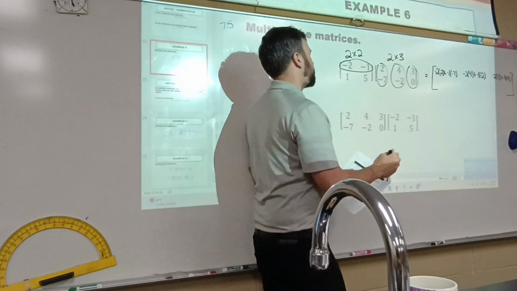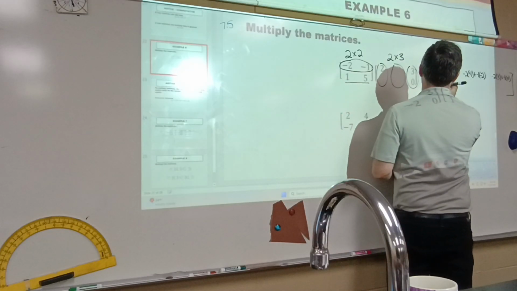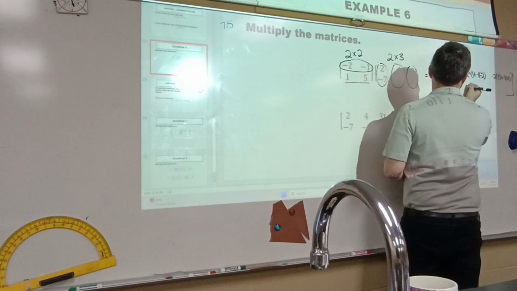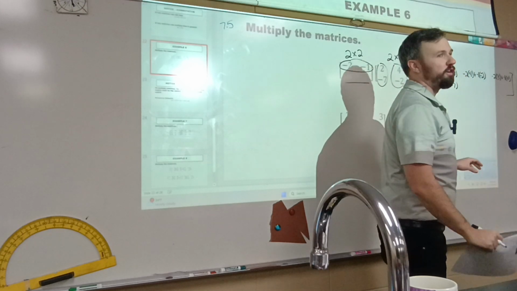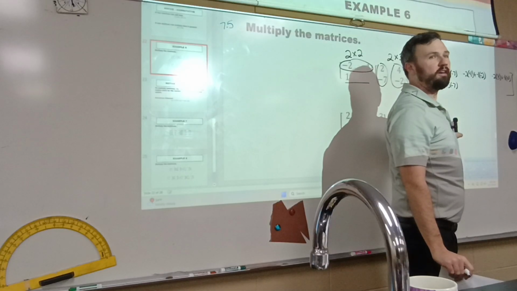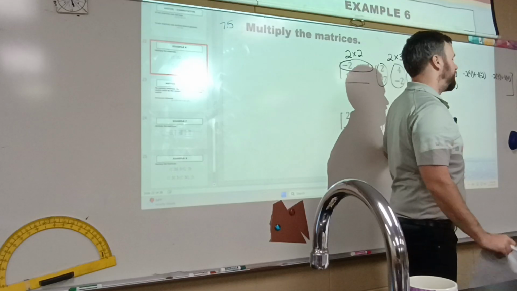No, they don't. Because I'm going to take my 1 and 5. I'm going to do 1 times 2 plus 5 times -7. Hey, do you guys want to know a shortcut to doing this quicker? As long as I did those right, I don't have to look back at the matrix, right?